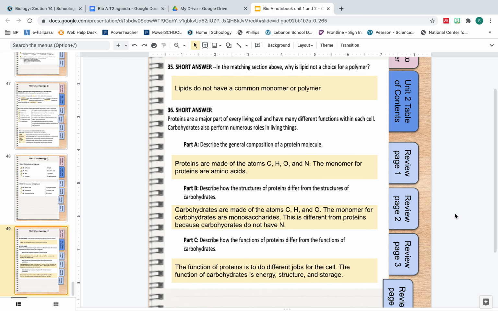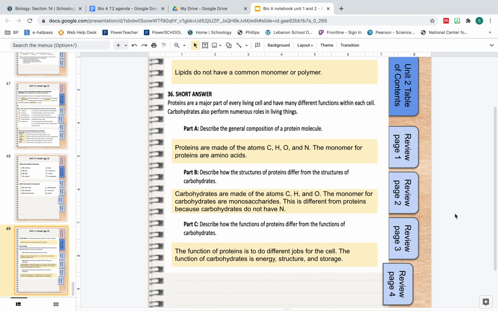I'm not asking you anything that you don't already have answers for. You just have to kind of write it out in sentences. I would expect at least one short answer question on your test. It might or might not be the same as this, so don't just memorize this answer. Be prepared for a question where you're going to have to write out something.